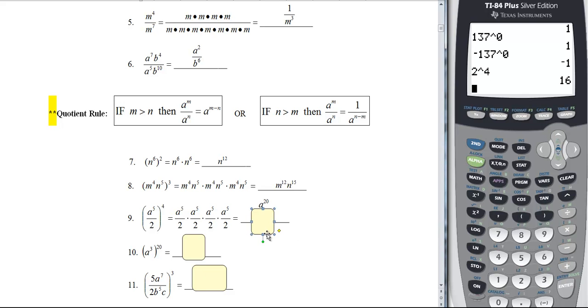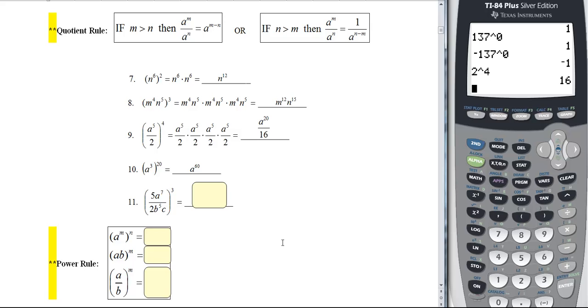So in the denominator, I should have 2 to the 16th. 2 to the 4th, which is 16. Forget it, I'm not writing this out. I think I'll go ahead, and it looks like what has been happening up here is multiplying. So this 20 is going to distribute in and multiply this exponent, so it should be a to the 60th.